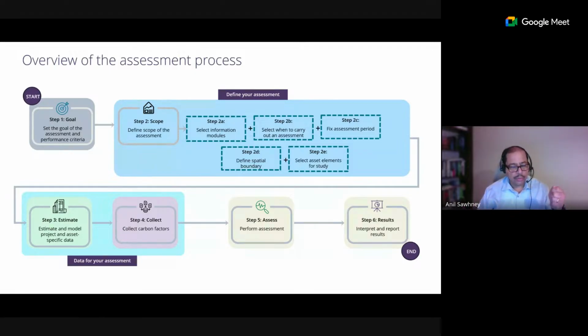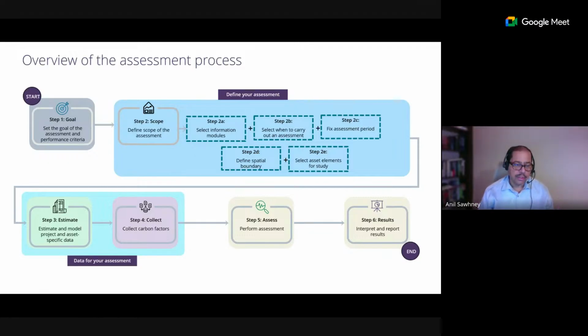So if you have 1,000 cubic meters of concrete in your project, you need to collect from reliable sources which are regional or local how much 1 cubic meter of concrete has GWP emissions. So you need to be able to get that data. Those are called carbon factors. Multiply the two and you have your emissions.